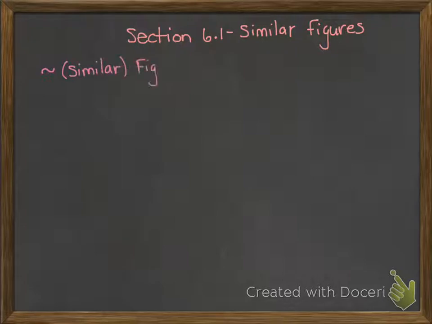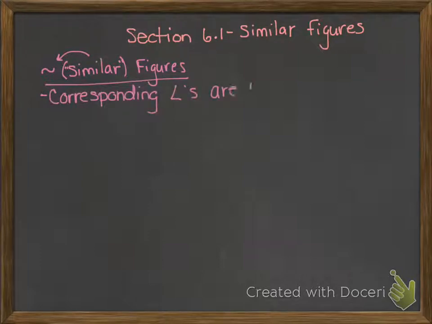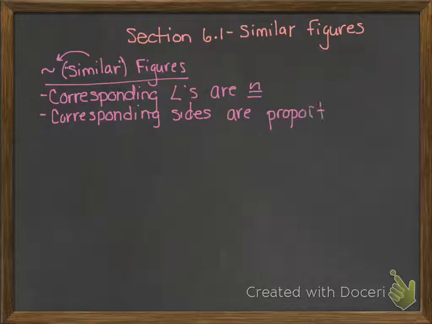So my definition of similar figures, two things happen. Alright, the first thing that happens is that all my angles are congruent and all my sides are proportional.